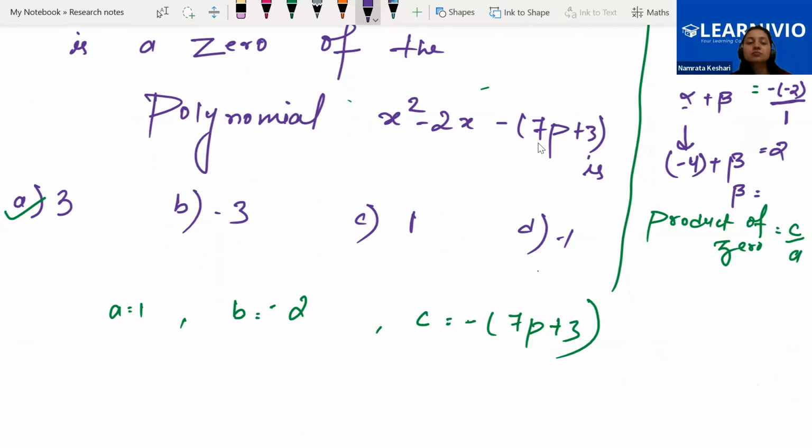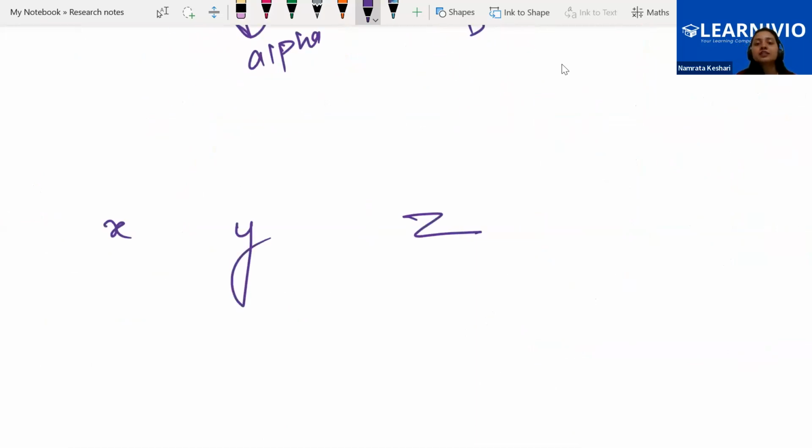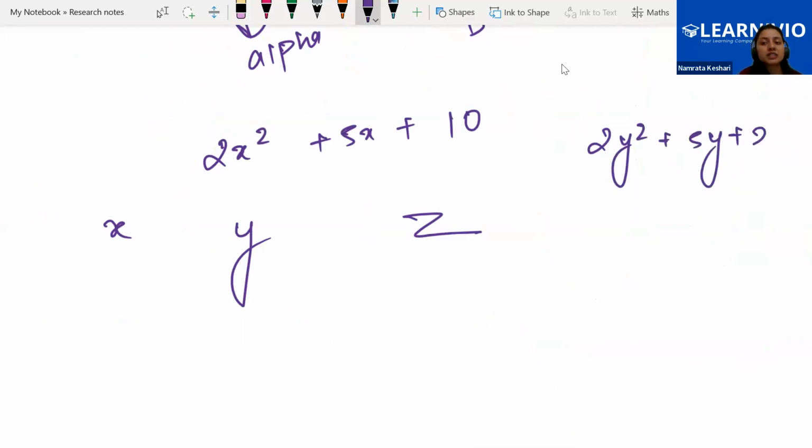Beta is just like a variable. X, Y, Z we use, no? But every time we use X, Y, Z, A, B, C, D, it will create confusion. So what have we decided? X, Y, Z will represent the variable of the polynomial, like 2x square plus 5x plus 10, or 2y square plus 5y plus 20, or 2z square plus 10z plus 30.